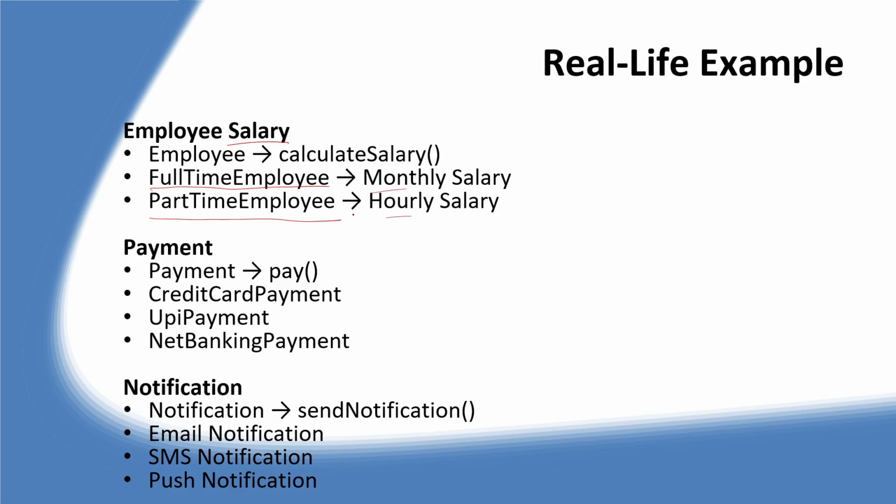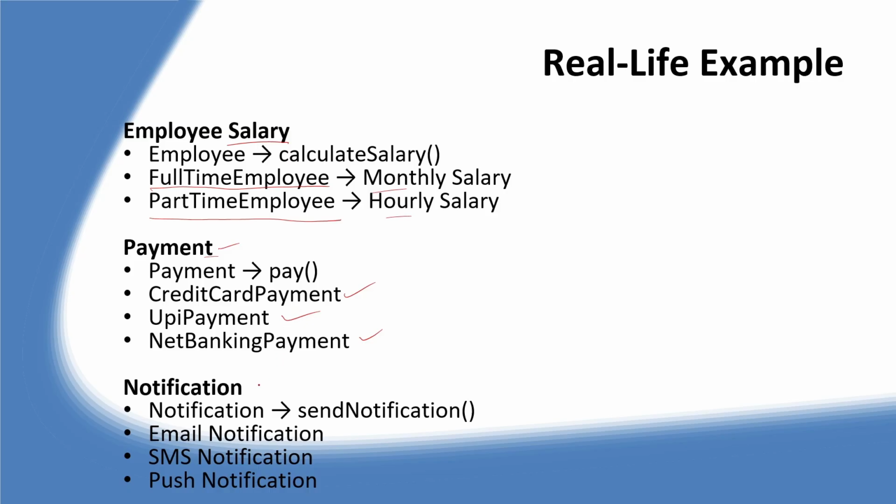Similarly, every payment completes a transaction, but the methods will be different. Payment methods will be different, through UPI, credit card or net banking. Every method will work differently, but it will complete the transaction.